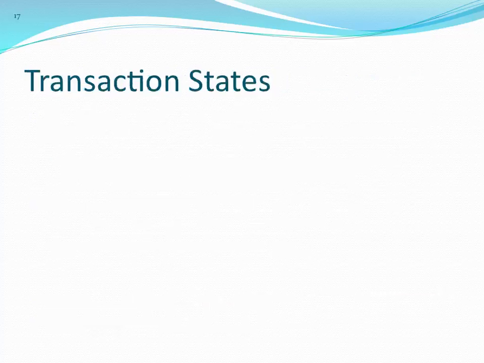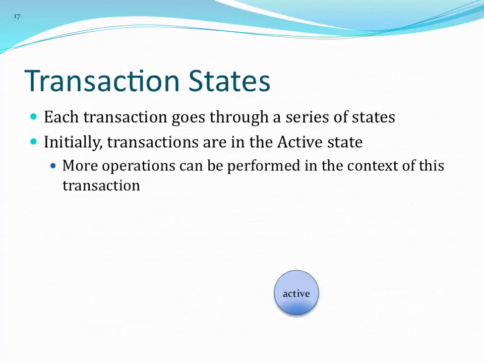All right. Now, transactions do go through a series of states. Obviously, when you perform your first operation against the database, and this is interesting to think about, every operation that you perform against a database that supports transactions is actually done in a transaction, whether you do it or not.